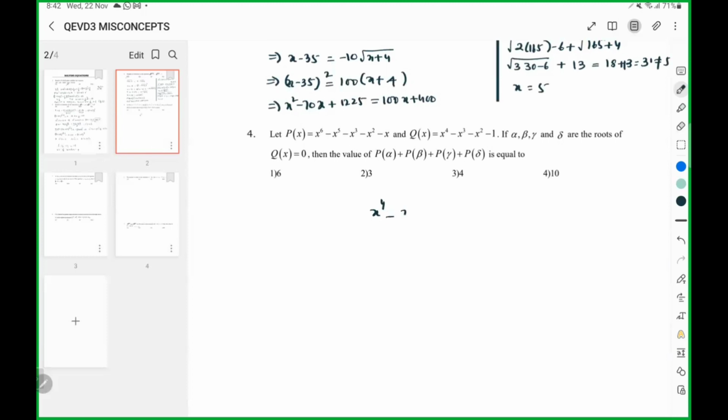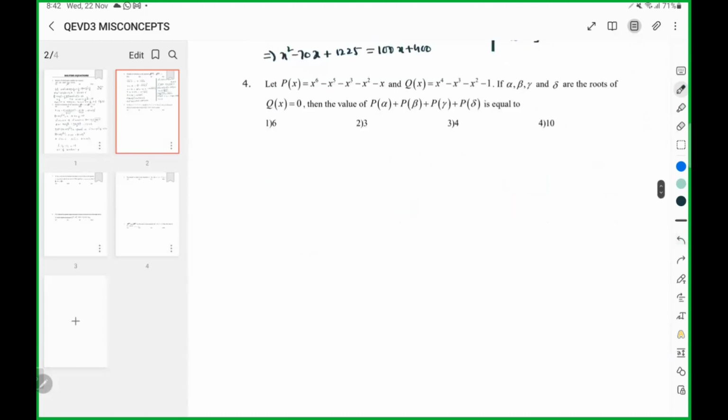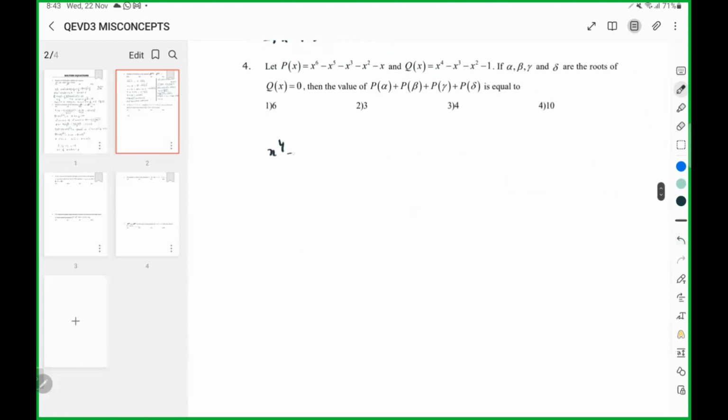Here, x power 4 minus x cube minus x square minus 1. He has given two functions. We have to relate them. So if you multiply x power 6, x power 5, x power 4, x square.